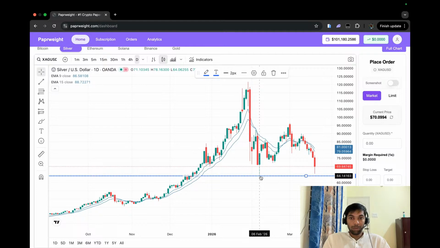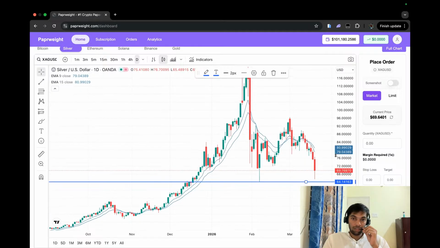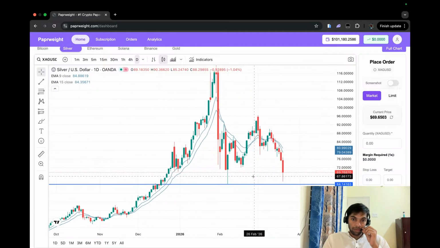So this is the point where the market came actually. This is a crazy fall in silver, guys, crazy fall in silver. And silver is exactly at that place where it was more than a month and a half ago, so more than 45 days ago, 40 days ago.